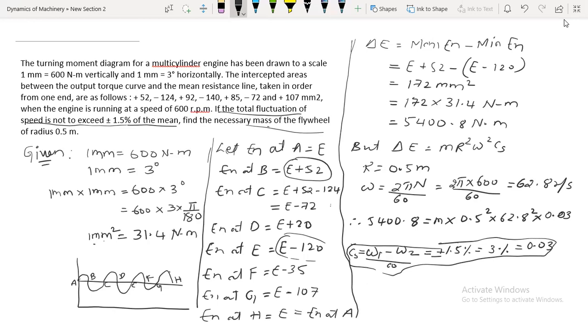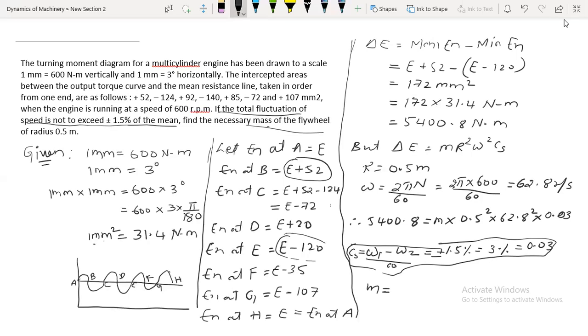Okay. Right. So from this, we are going to find out how much the mass is.